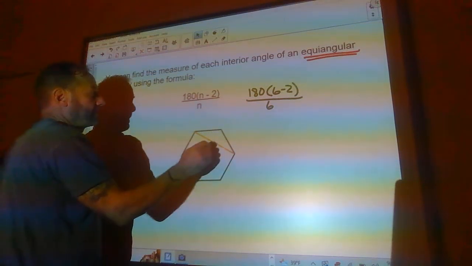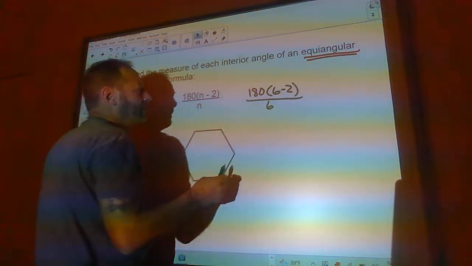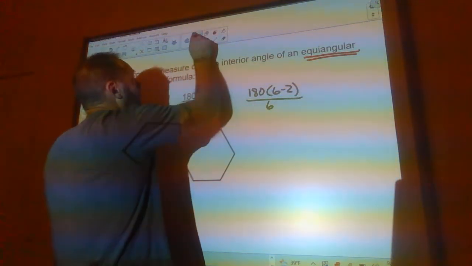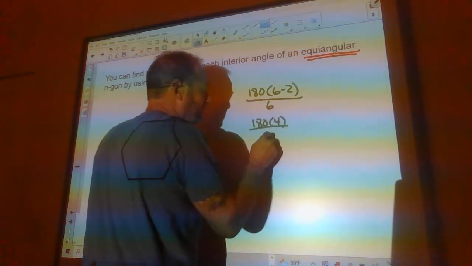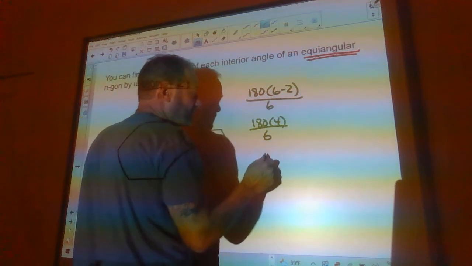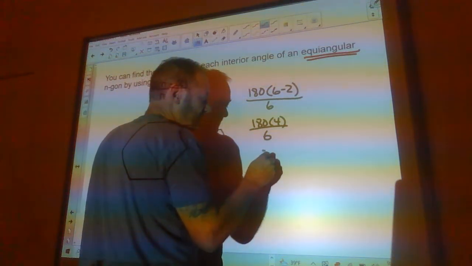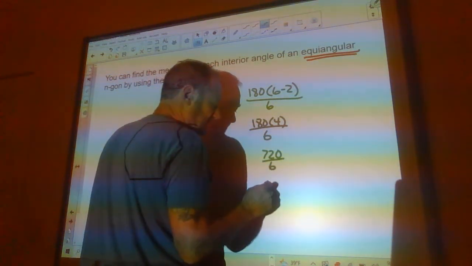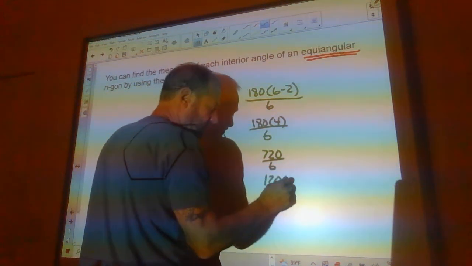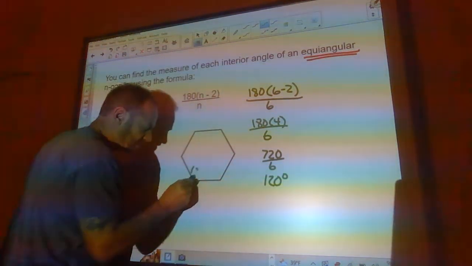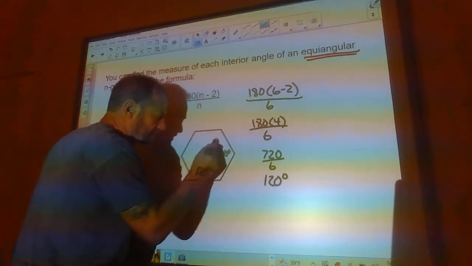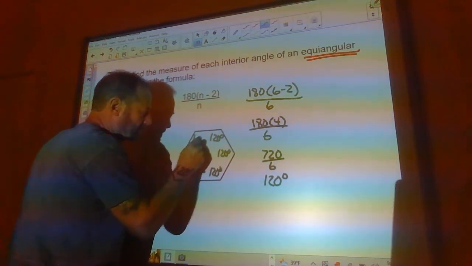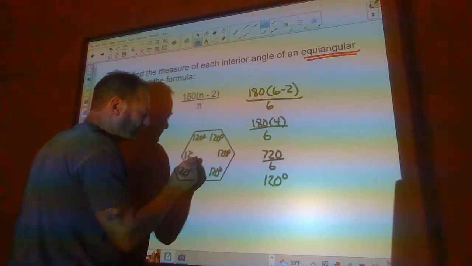Let's just delete these out of here. I don't need them. So this would be 180 times 4 divided by 6, which is going to be 720 divided by 6, which is going to be 120 degrees. So each one of these angles right here is 120 degrees in a regular hexagon.